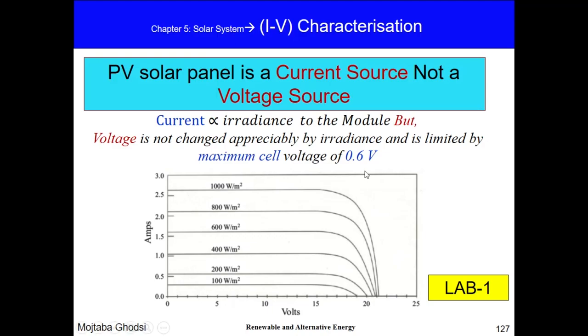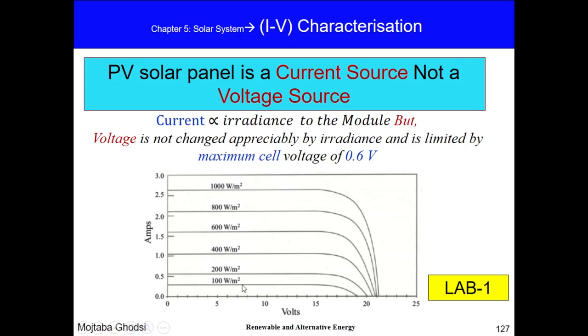In the lab, it's possible to show these characteristics, this relationship between the current drawn from the photovoltaic solar cell and the voltage across its output terminals. It's obvious that current is proportional to the irradiance to the module.